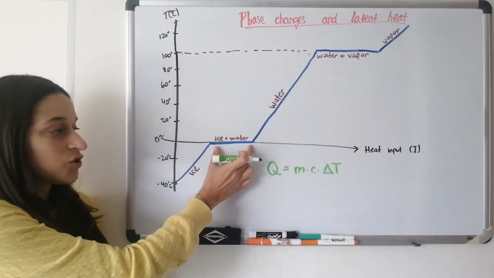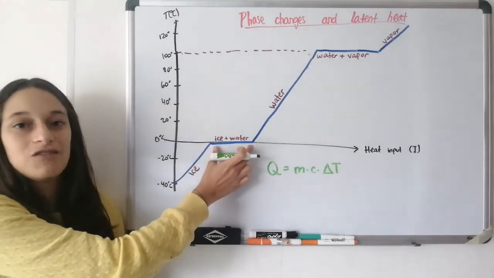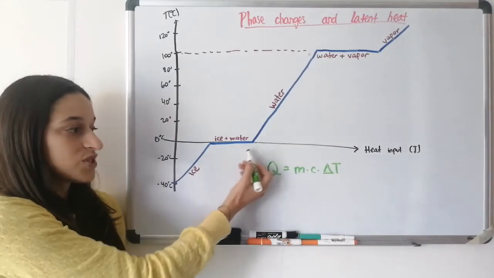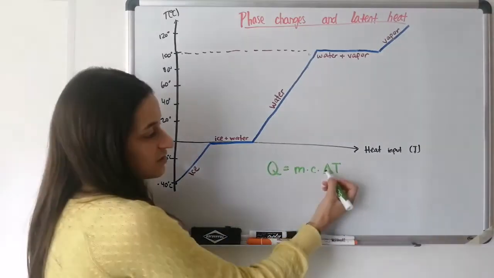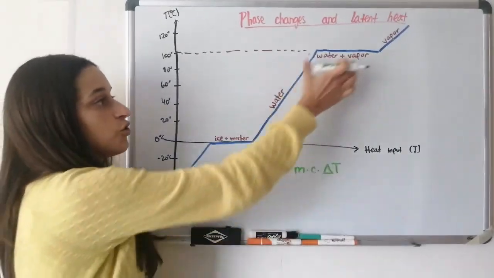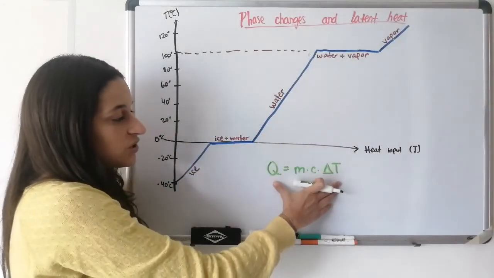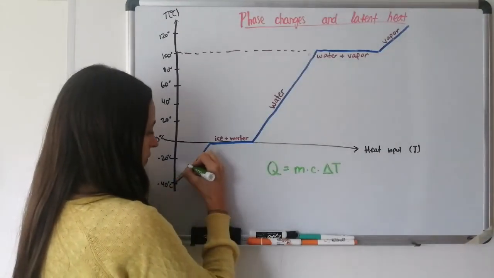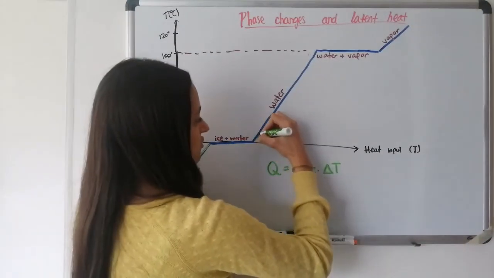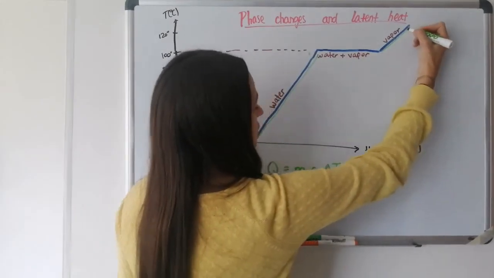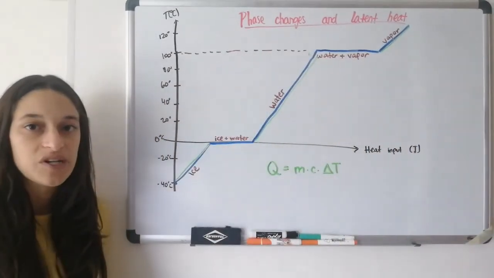But in this case, no matter how much heat you put into it, if you are in this section of the graph, the temperature is going to stay still. So this change in temperature is 0. There is no change in temperature here or here. So this Q equals MC delta T works for this section, this section, and this section. That's where we use that equation.